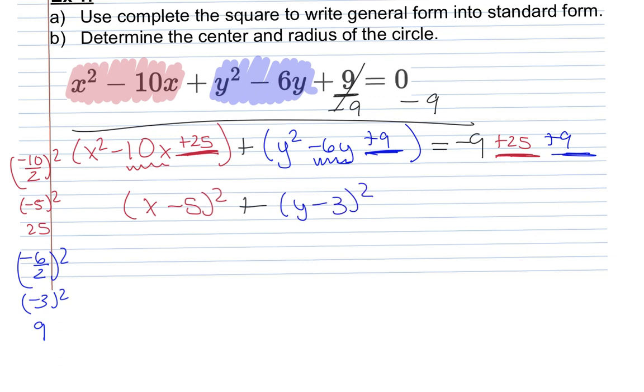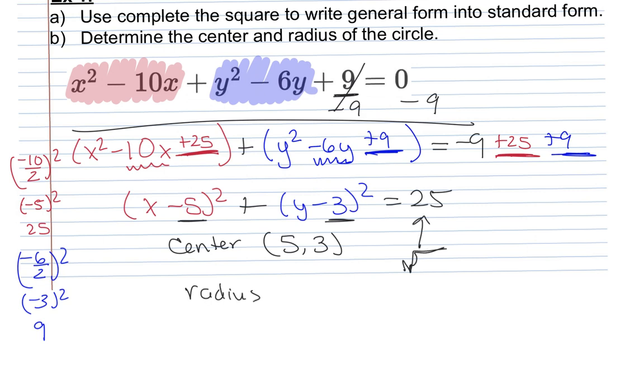And when we add them together, we're going to get 25. That means the center is the opposite of my h and k, so it's 5, 3. And my radius is the square root of that number, which is 5.